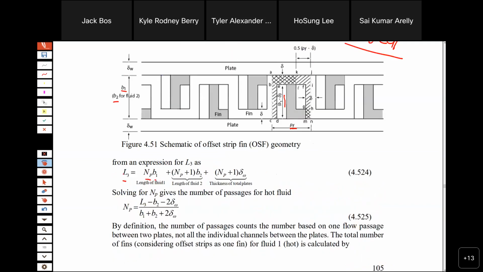So that L3 consists of B1 number of passes and the B2 number of passes. The other one should be one greater, more than one. And then thickness. Actually, there is a thickness of wall.